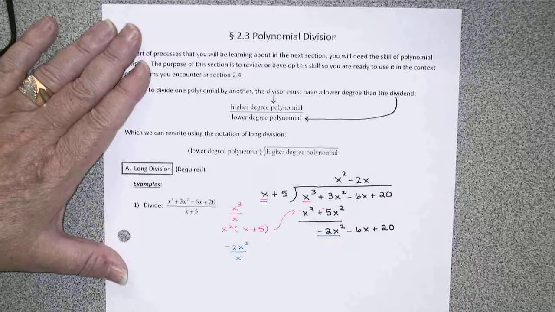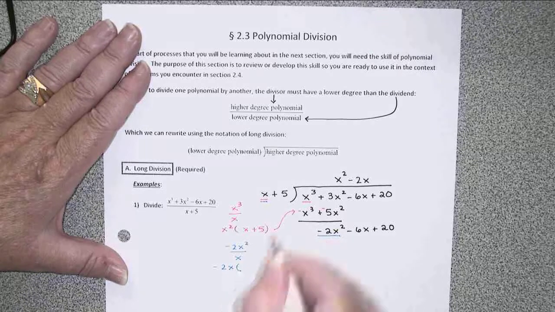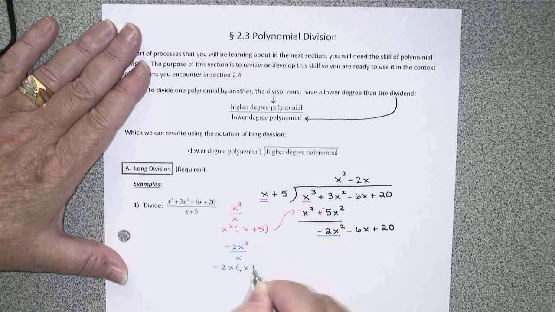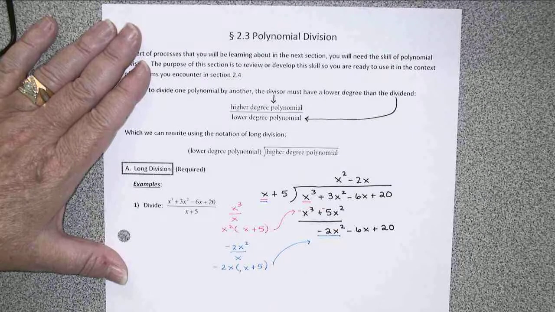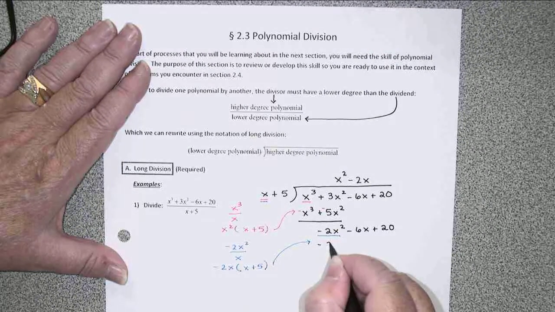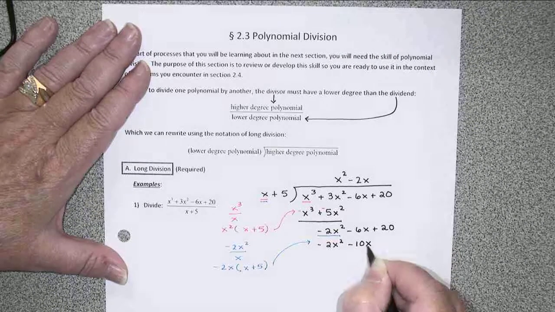So that goes into my quotient. And then I take that negative 2x and multiply it by the x plus 5. I'll put it right there. Negative 2x squared minus 10x.